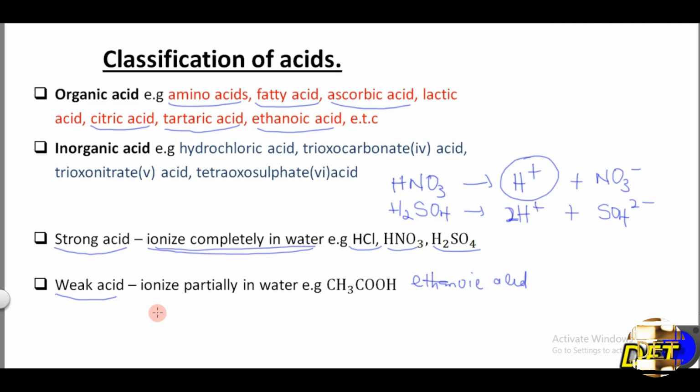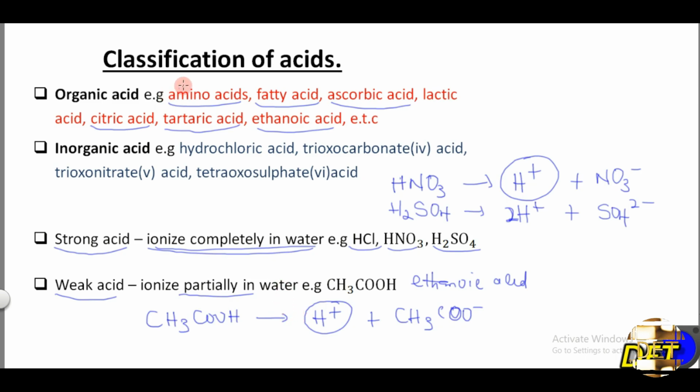So when this acid, CH3COOH, ionizes in water, it forms one hydrogen ion plus ethanoate ion, right? So it does not ionize completely. It ionizes partially because you can still see hydrogen ion here, right? So it ionizes partially in water. So that is why it is a weak acid.